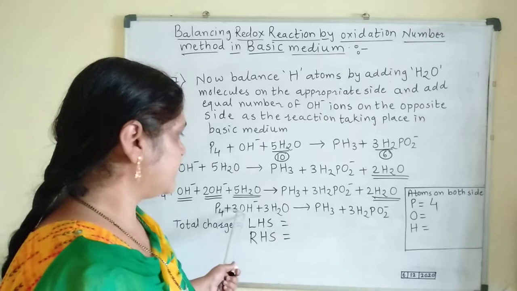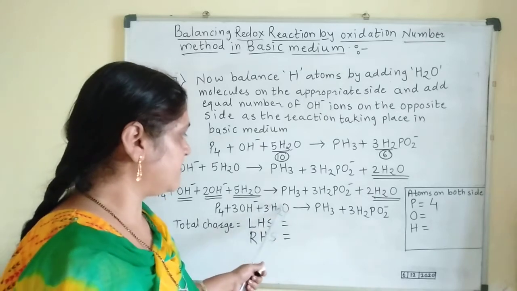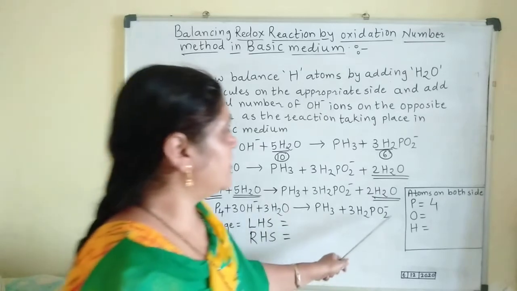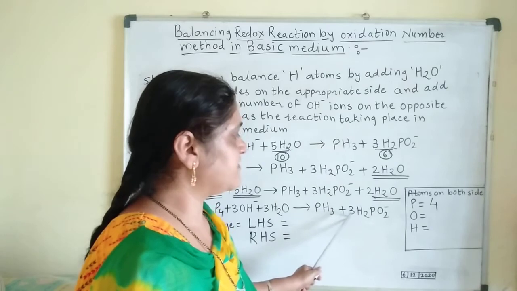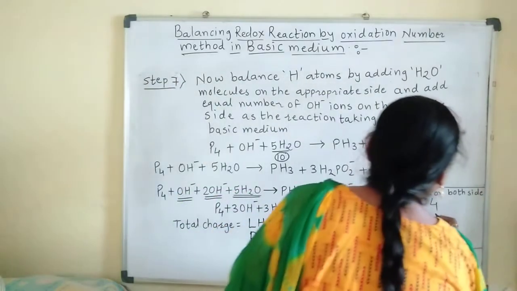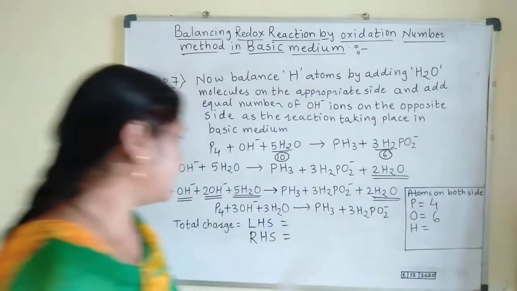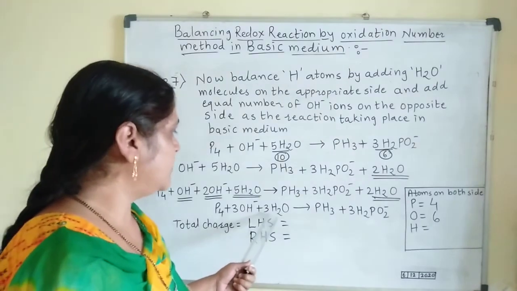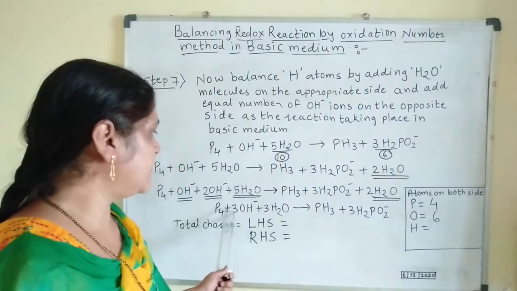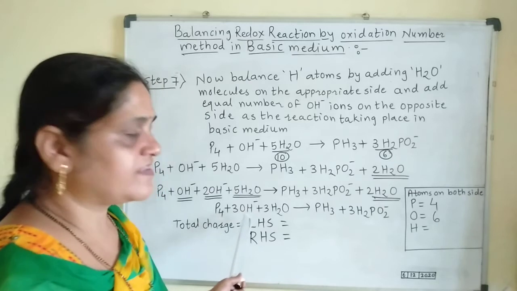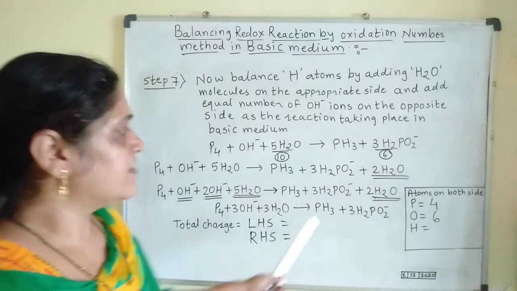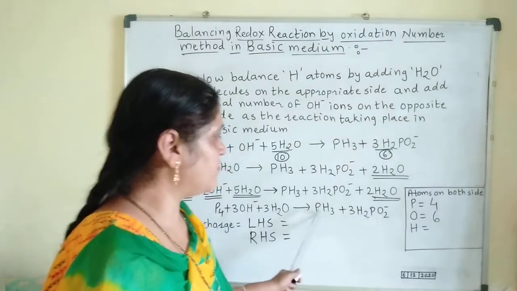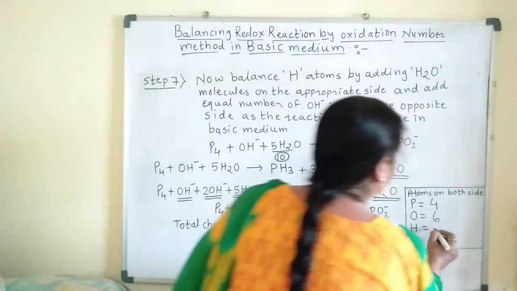Here this 3 oxygen atoms and here also this 3. 3 plus 3, 6. Here this 2 oxygen atoms multiplied with this 3, 6 oxygen atoms. So 6 oxygen atoms on both sides. Hydrogen atoms: 3 into 2, 6 and this 3 into 1, 3. So 6 plus 3, total 9 hydrogen atoms. This side 3 into 2, 6 and plus this 3, that is equal to 9 hydrogen atoms.